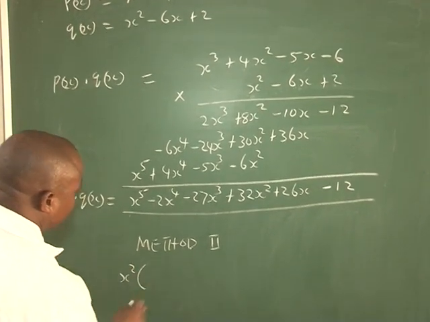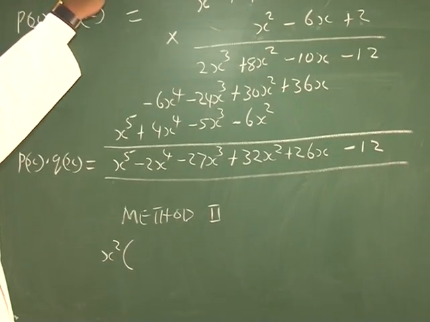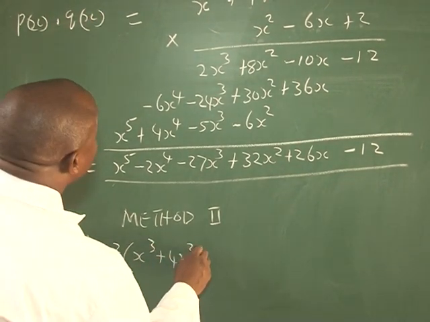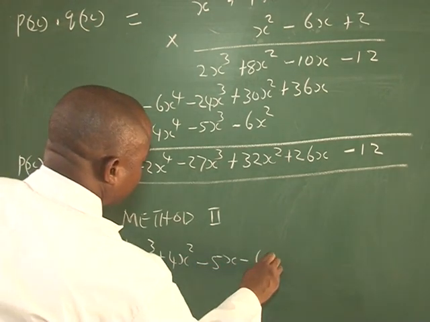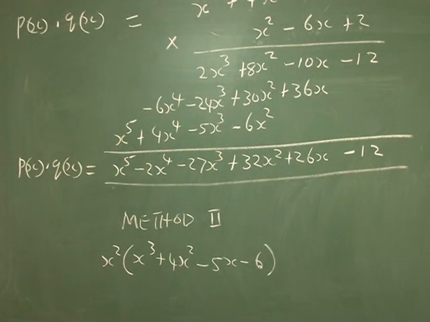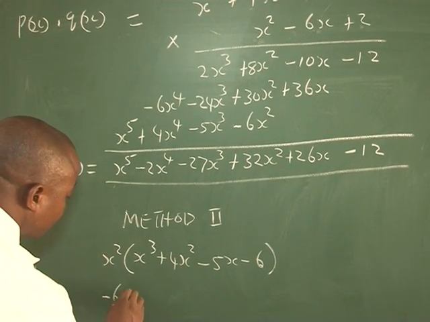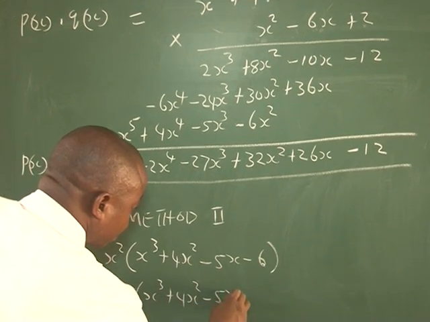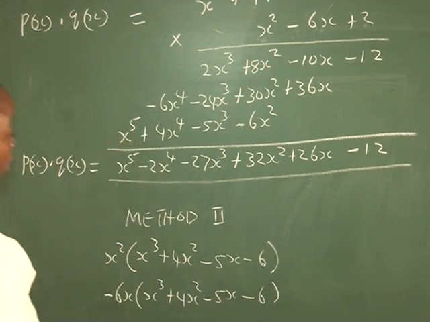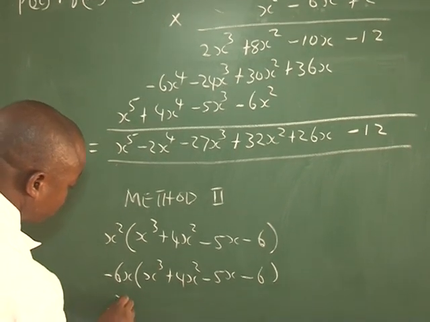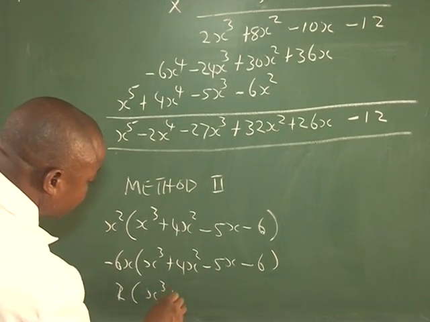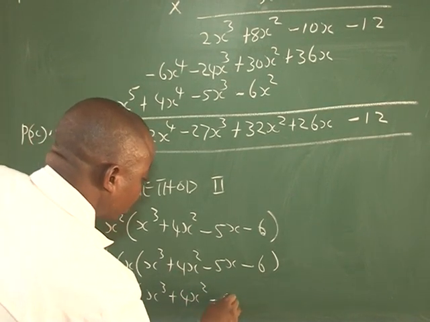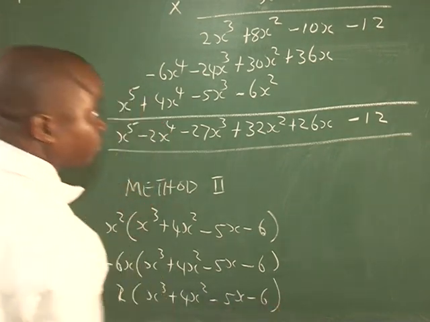X squared times x cubed plus 4x squared minus 5x minus 6. Then another term is minus 6x times x cubed plus 4x squared minus 5x minus 6. Another one is 2 times x cubed plus 4x squared minus 5x minus 6.